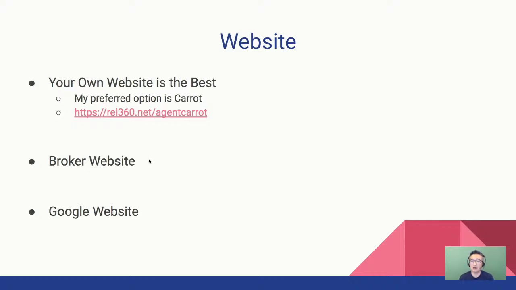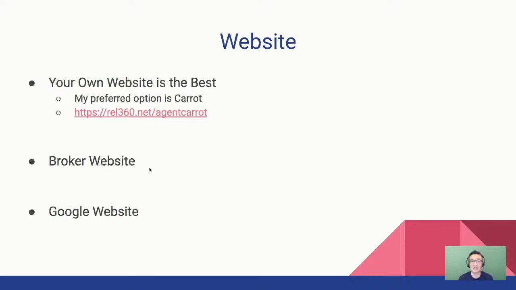If you don't have a website and you're an agent, you could use a website that your broker may have. For example, Compass and those big agencies give you a sub-account or access to a basic website that has your name on it, and you can use that.